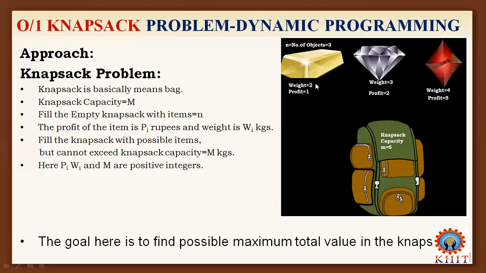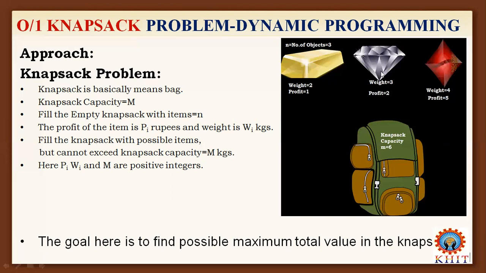So if you pick the first item, the gold item, its weight is 2 kg and the profit you gain is 1 lakh rupees. Next, move to another object.